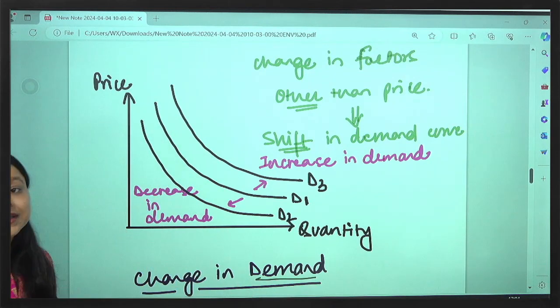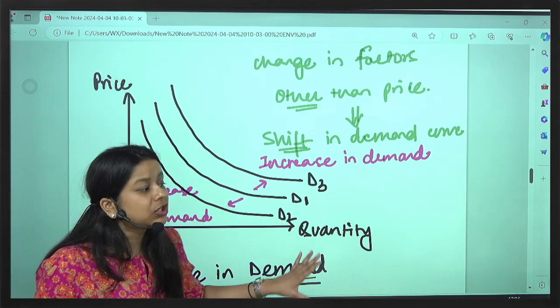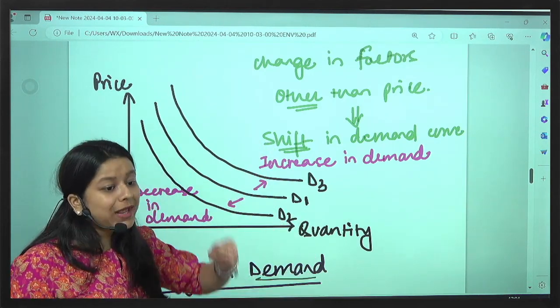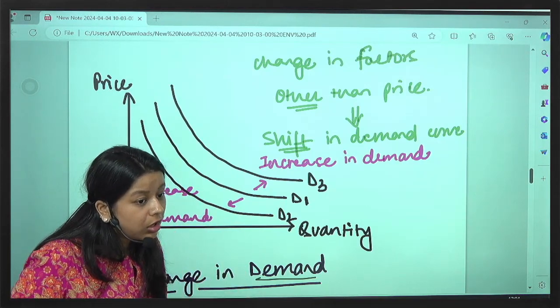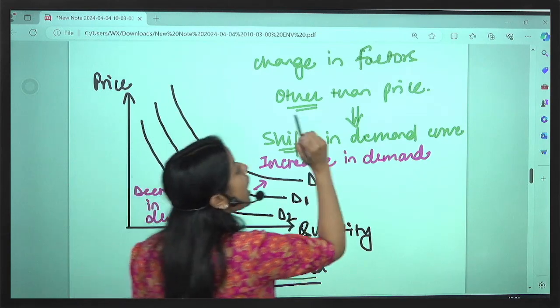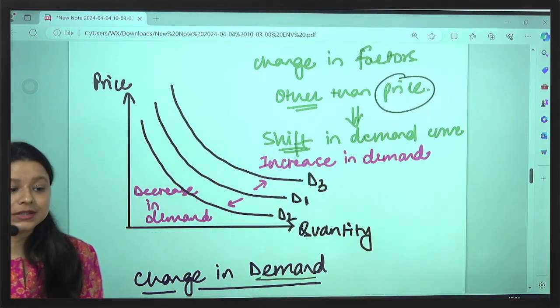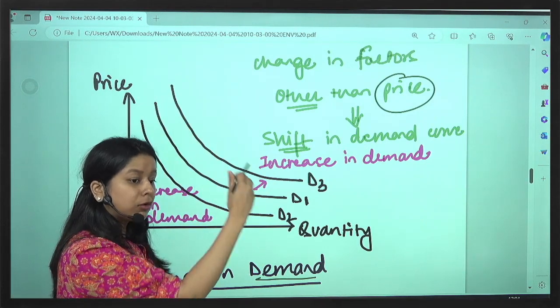Now the next concept is similar, which is what we call change in demand. Not change in quantity demanded, but change in demand. Now what do you mean by change in demand? This happens when there is a change in any factor other than the price itself. Above, the price of the own good, the price of mangoes, was changing.